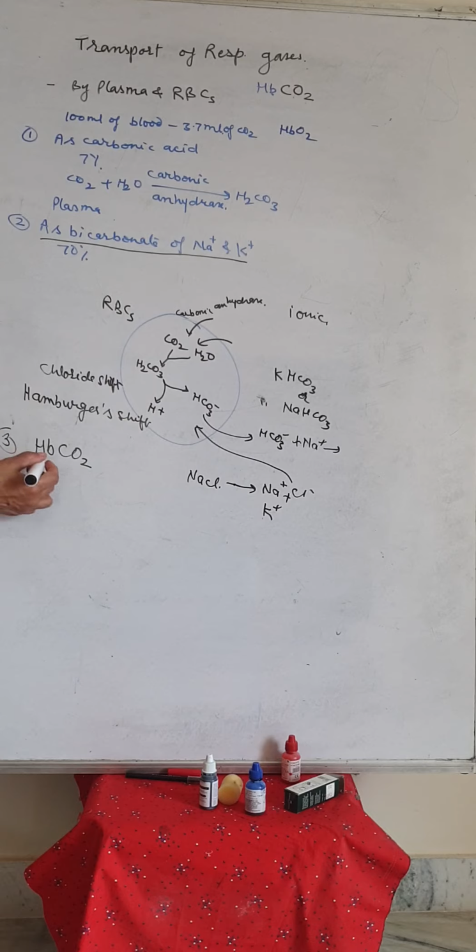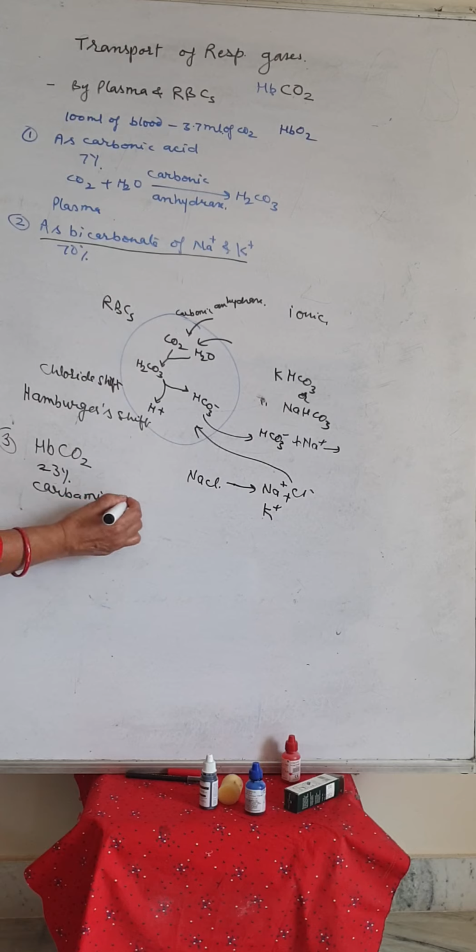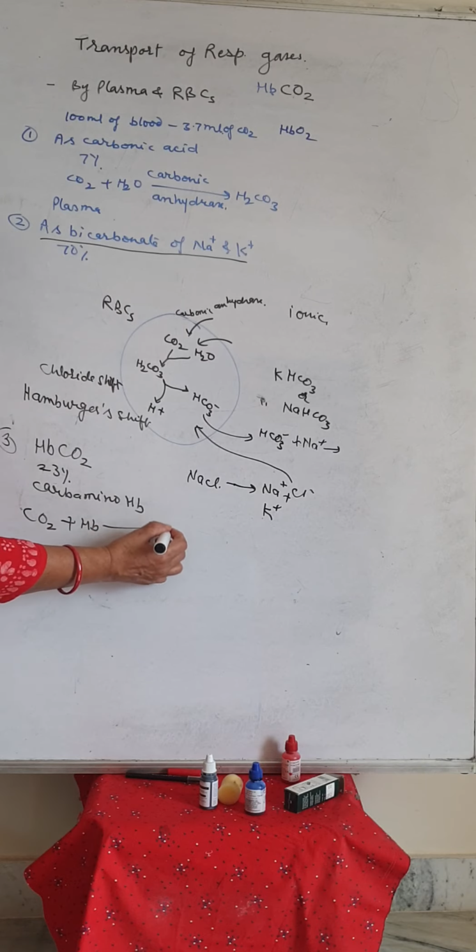The third transportation is the transport of carbon dioxide as carbaminohemoglobin. The remaining 23% of carbon dioxide is transported as carbaminohemoglobin. As we know, CO2 plus hemoglobin forms HbCO2, or carbaminohemoglobin.